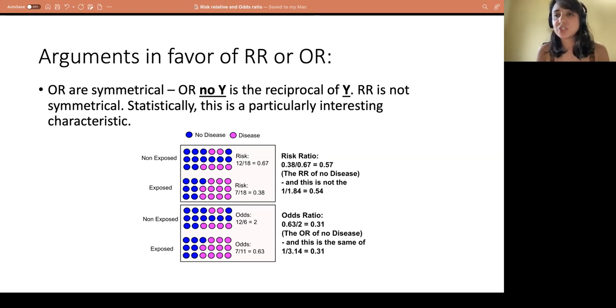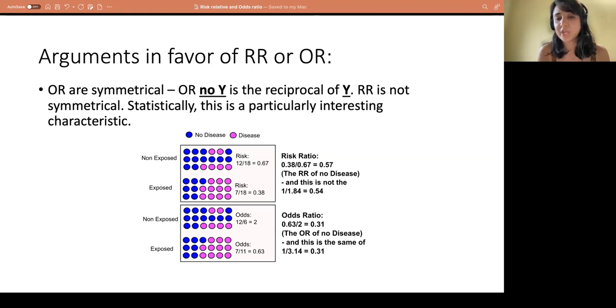If you calculate just the reciprocal, remember that the risk ratio to develop the disease that we calculated at the beginning of this presentation was 1.84. 1 divided by 1.84, which is the reciprocal, is 0.54, not 0.57. But odds is exactly the same.